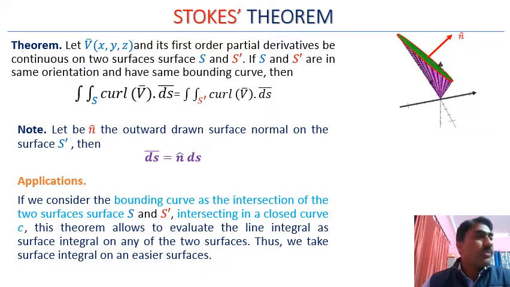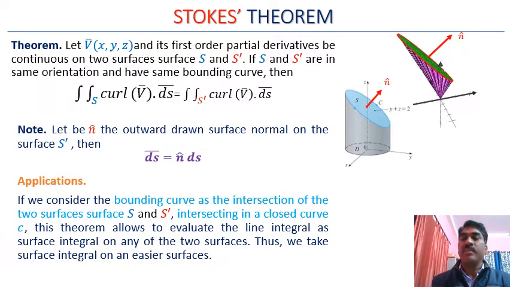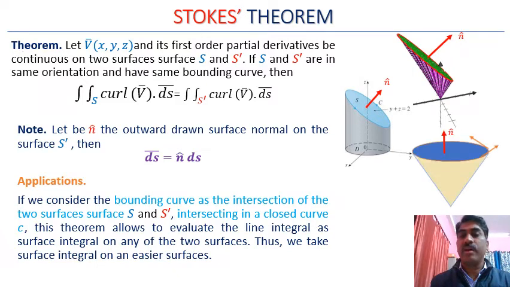It is easy to find the unit normal on the green surface, and it is easy to evaluate an integral on the green surface because it is a plane. Similarly, in this cylinder, it may be difficult to integrate on the gray surface, depending on the question, but it will be easier to integrate on the blue surface because that is a part of a plane, and the bounding curve is marked in dark blue, and that is the same for both.